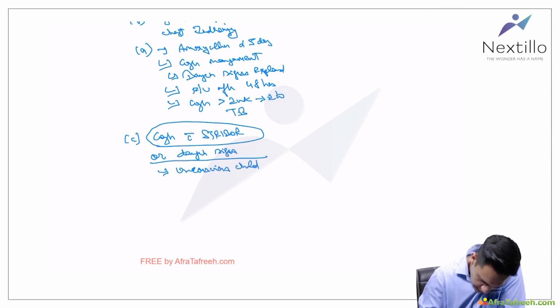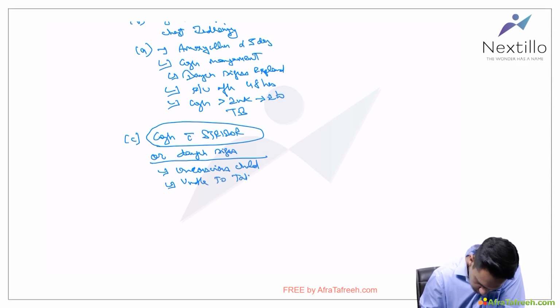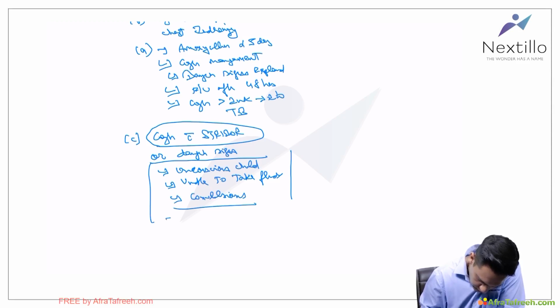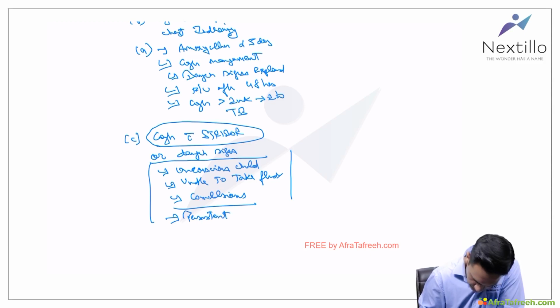Unconscious child, unable to take fluids, or convulsions are present, or persistent vomiting. If persistent vomiting is there, then what we will do?